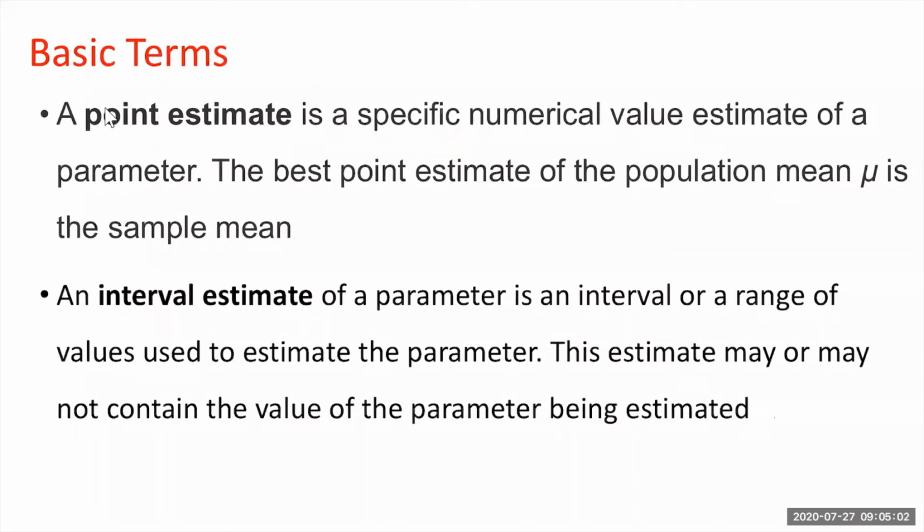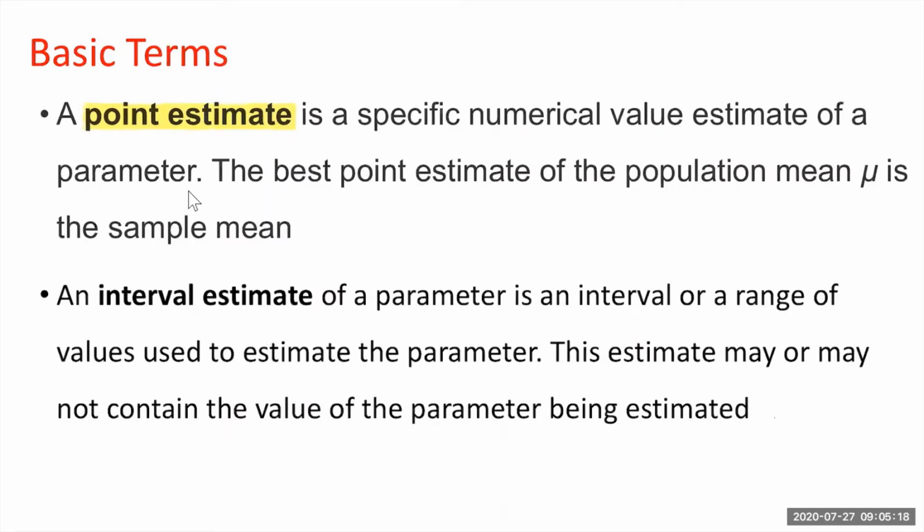confidence interval. The first one is called the point estimate, a very important term that you need to know here. When I say point estimate, it is a specific numerical value estimate of a parameter.